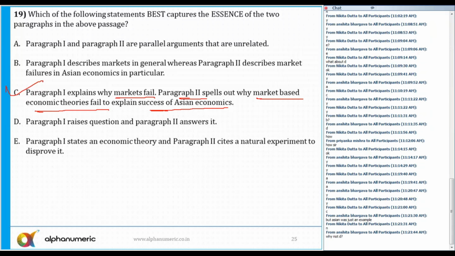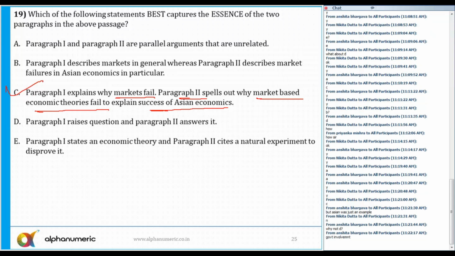Okay. How? Paragraph 1 raises the question. What is the question? Tell me. What is the question that paragraph 1 raises? Government involvement. Okay. And what does paragraph 2 do?